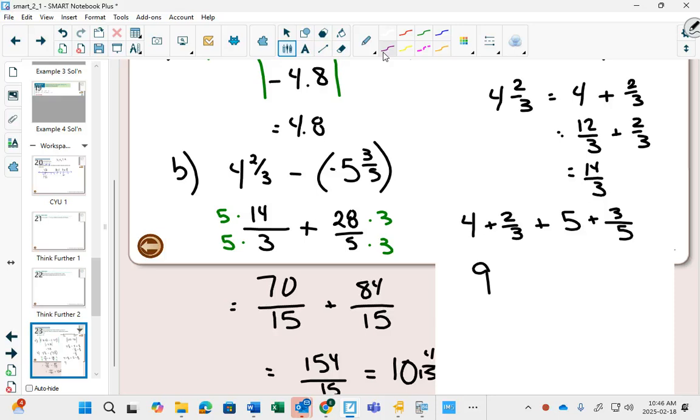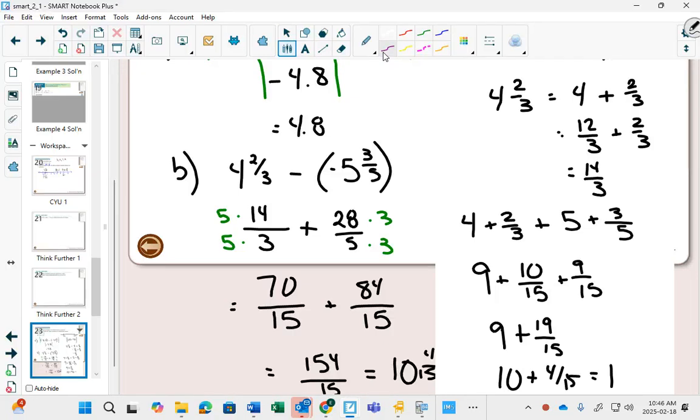If I need a common denominator for just those fractions, I would have plus 10 over 15, and this would be plus 9 over 15, which would give me 9 plus 19 over 15. I'm like, oh, 19 over 15, that has another 1. If I put the 1 here, that would be 10 4/15, sorry, which is a mixed fraction.